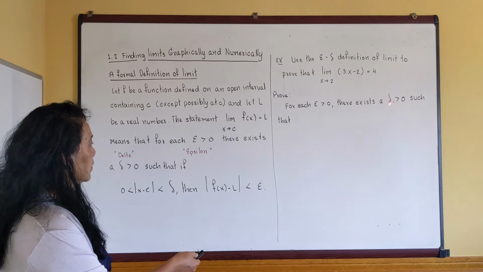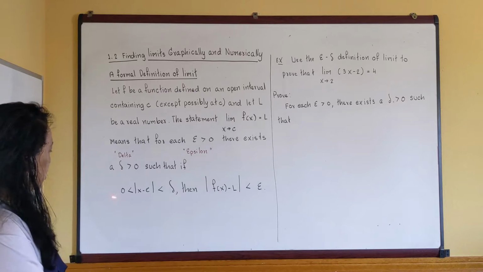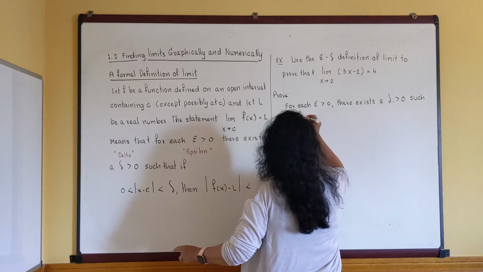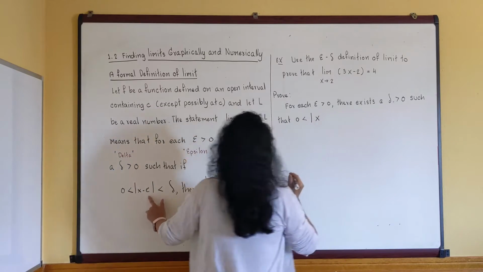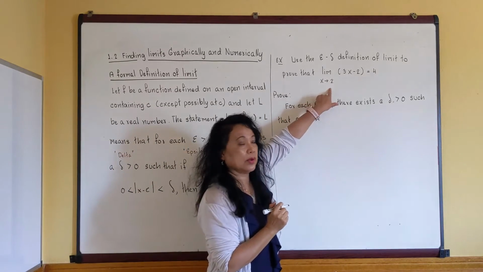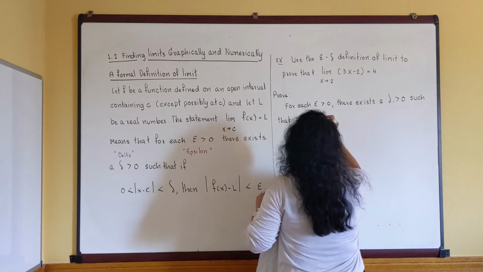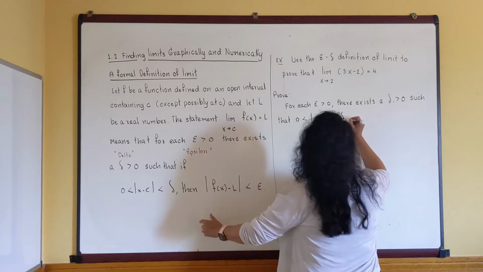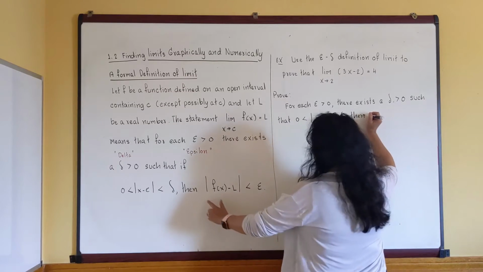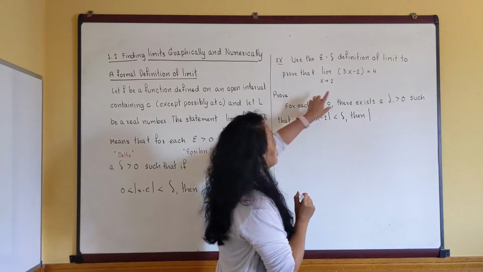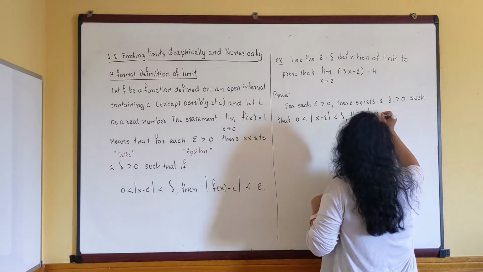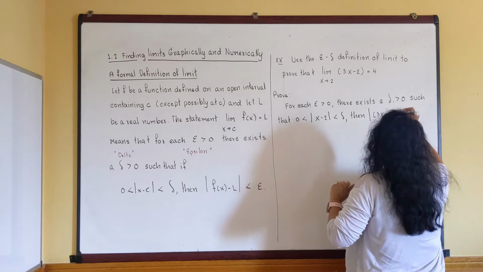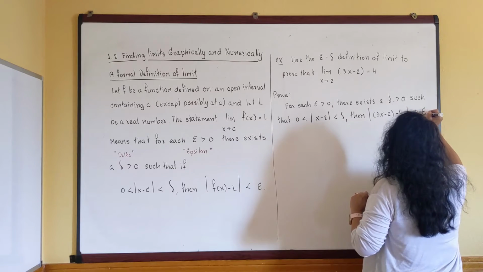There exists delta greater than 0 such that 0 less than absolute value of x minus c, and my c here is 2, so x minus 2, less than delta, then absolute value of f of x, which here is the function 3x minus 2, minus L, and my L is 4, less than epsilon.